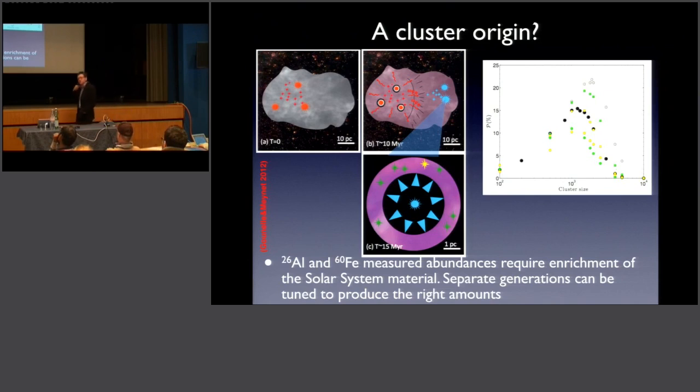But aluminum-26 has a shorter decay time than iron-60, so aluminum-26 is removed, and iron-60 goes down. At a certain point, you form a second cluster, which contains, again, massive stars and produces aluminum-26. And the sun is part of a third generation that incorporates the iron-60 from the first cluster, and the aluminum-26 from the second generation.